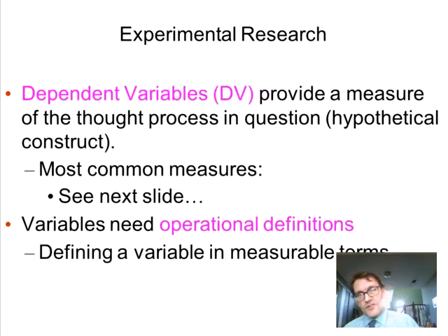So in experimental research, we use dependent variables. Dependent variables in psychology are, all right, researchers manipulate an independent variable and measure changes in the dependent variable. Remember, A causes B. If I manipulate this independent variable, then if independent variable, then dependent variable.